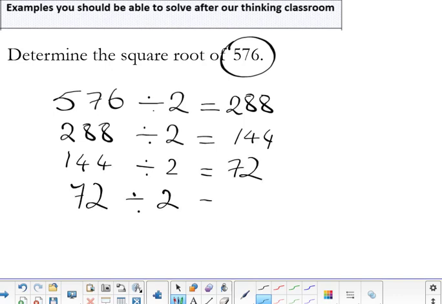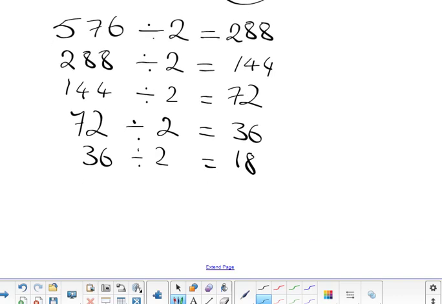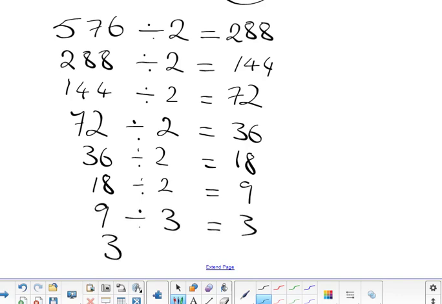Here gets a little bit tedious, and that's 36. 36, and that's equal to 18. Goodness me, we can keep on going here, can't we? 18 divided by 2 is equal to 9. Oh, finally, we've got an odd number. 9, well, yep, that divides by 3, and that's equal to 3. And finally, 3 divided by 3 is equal to 1.